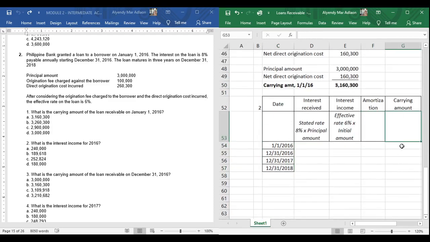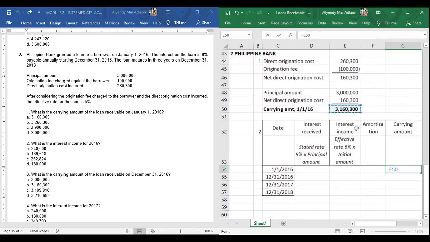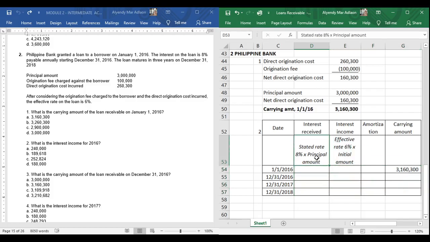The initial carrying amount is what we computed in number 1, that is 3,160,300. How much is our interest received? It is computed by the principal amount times 8%, so 3 million times 8%. Since it is always 3 million times 8%, it is the same in the succeeding years.